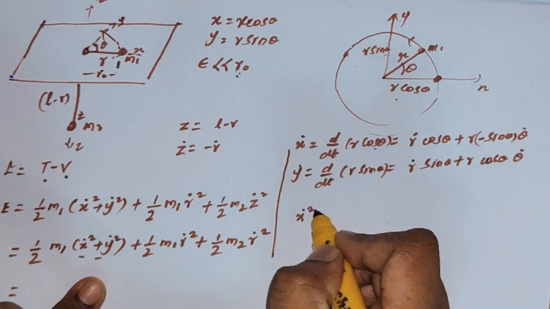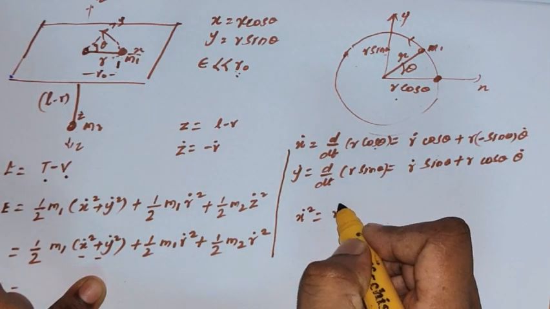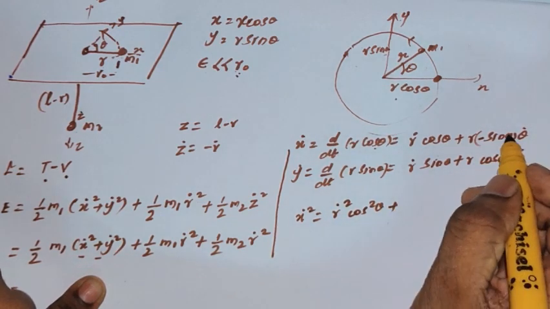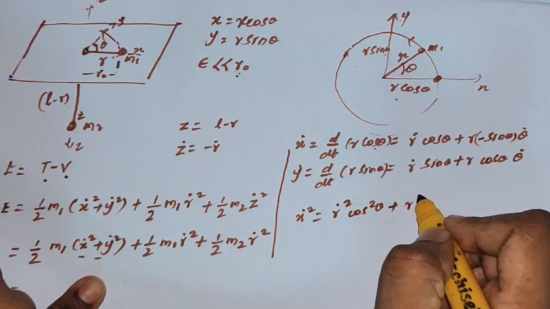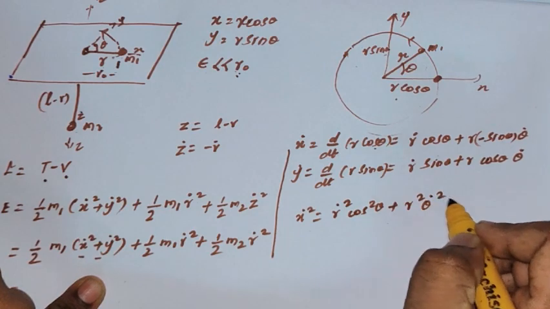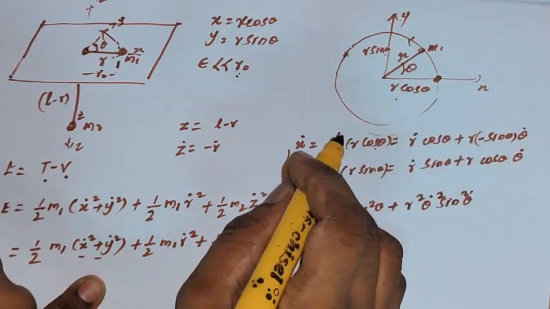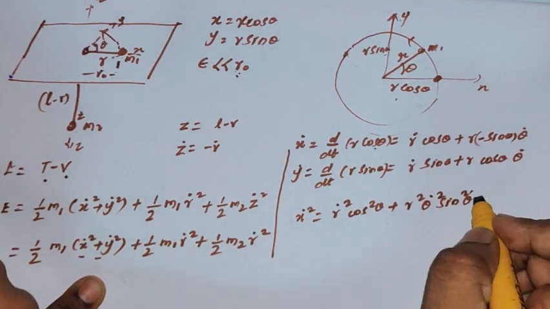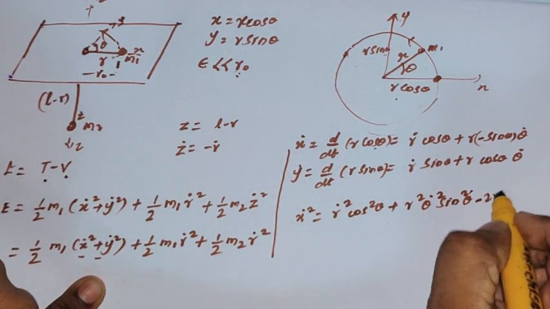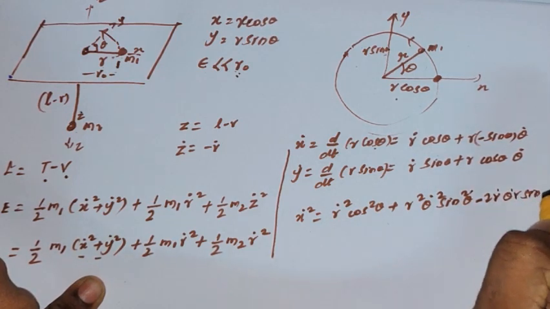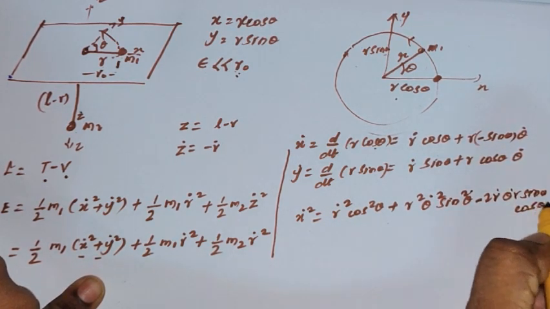Here x dot square equals, taking the square, r dot square cos square theta plus r square theta dot square sin square theta, then 2ab, because it's x dot square, you have to take the whole square, minus 2 r dot theta dot r sin theta cos theta.